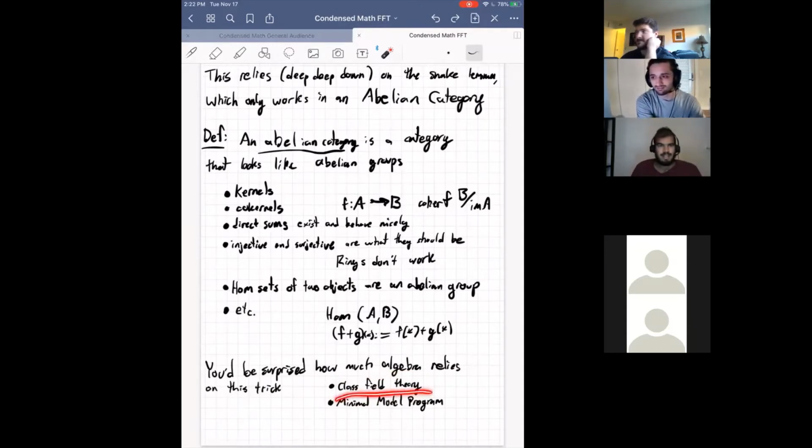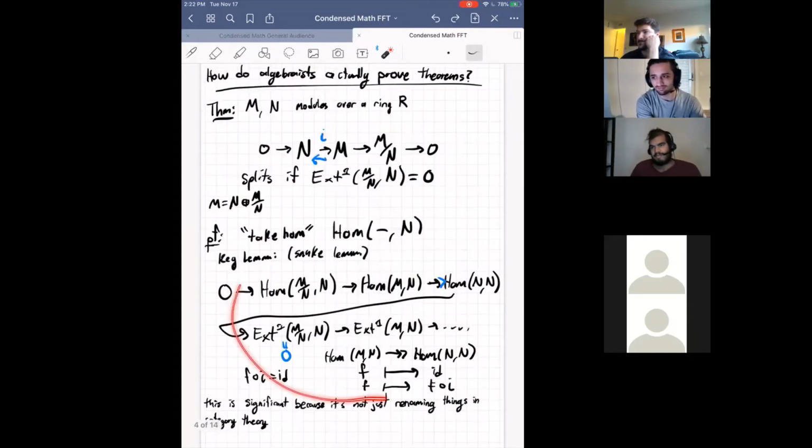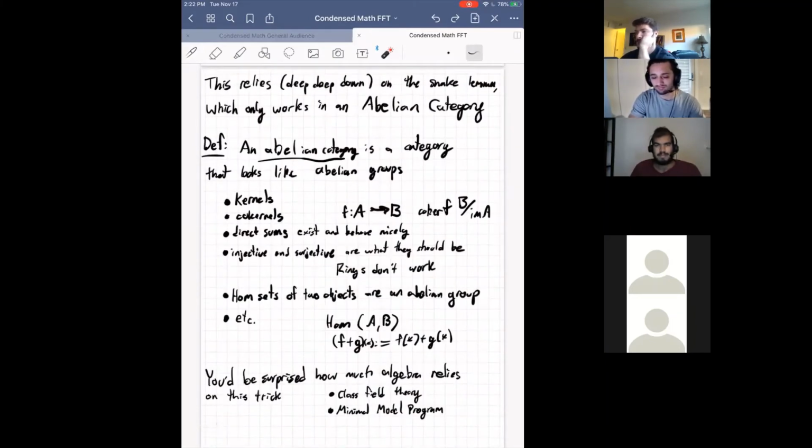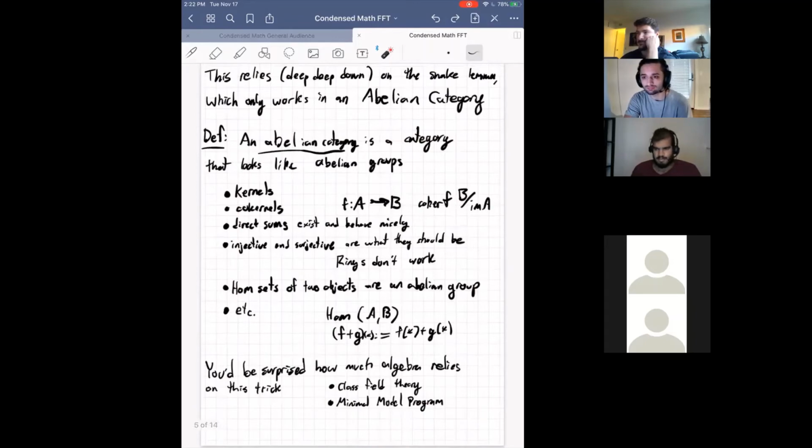When you prove class field theory using an approach which is very similar to this proof here, you spend a lot of time developing the theory of the abelian category that you want to work with, and then your proofs after that don't take a ton of time. And I mentioned the minimal model program, which is what James McKernan works on. So abelian categories are nice, and they're all over algebra.